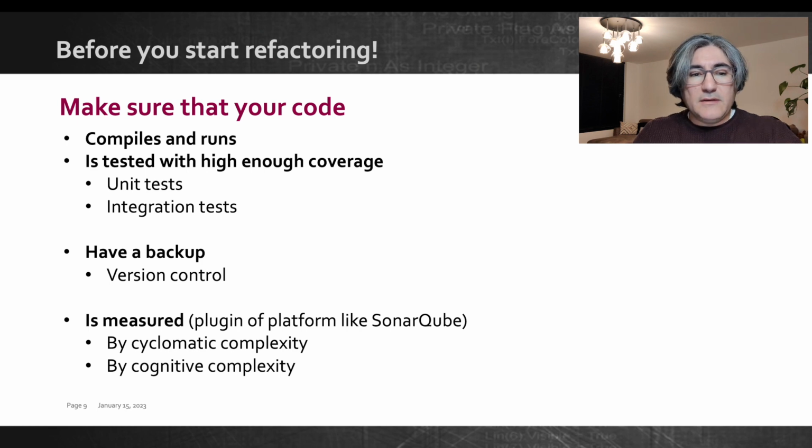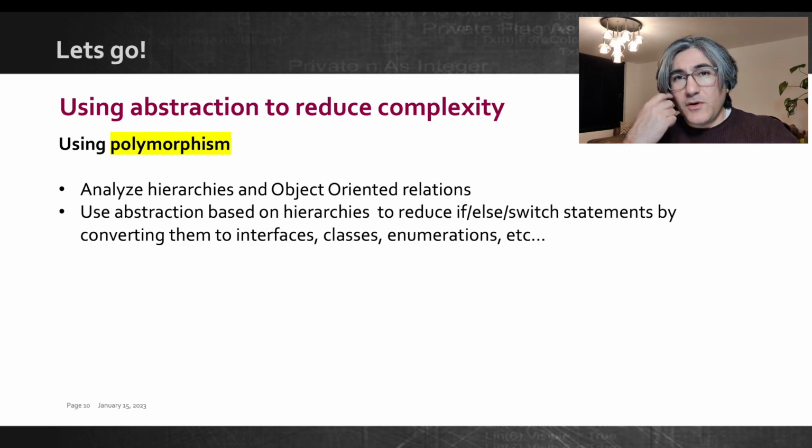So go to the next slide and talk about what we're going to do today and how we're going to do it. We are going to be using abstraction to reduce the complexity, and I chose just one of the techniques mentioned earlier: polymorphism. How you go about that is by analyzing hierarchies in your code.